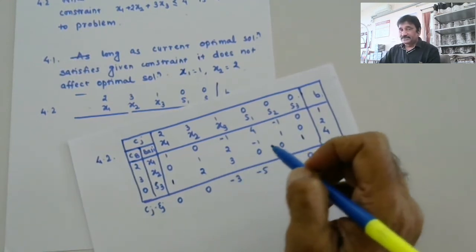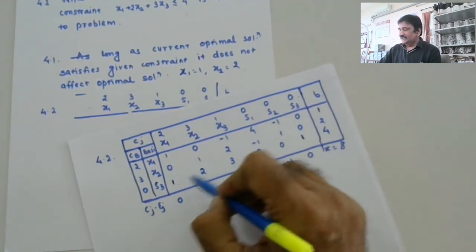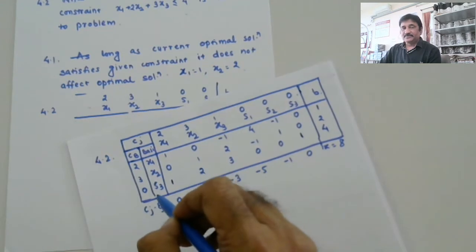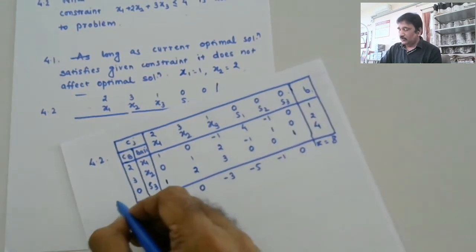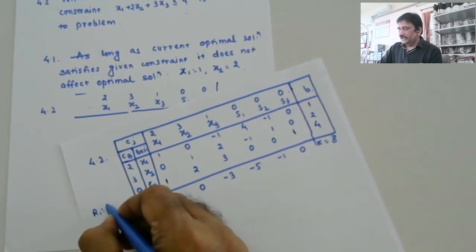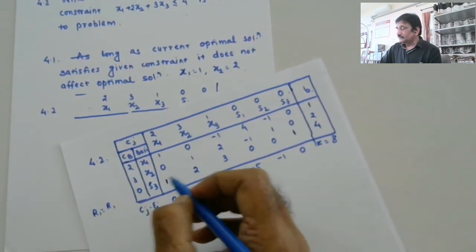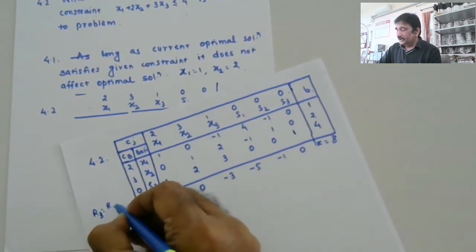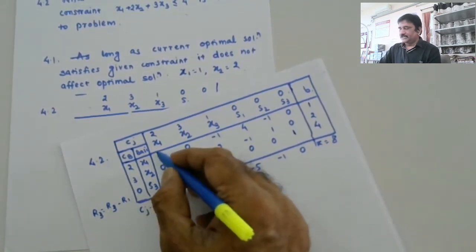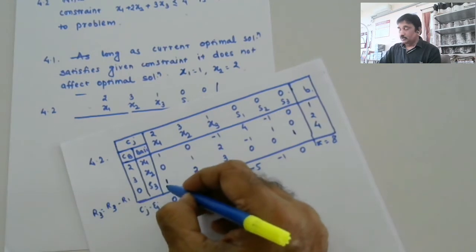In that process there will be some changes in the third row, so I want to make this 0 because x1 is my first basic variable. So what rule will I be applying? R3 is equal to R3 minus R1. So I'll be subtracting this row from this to get 0 here.